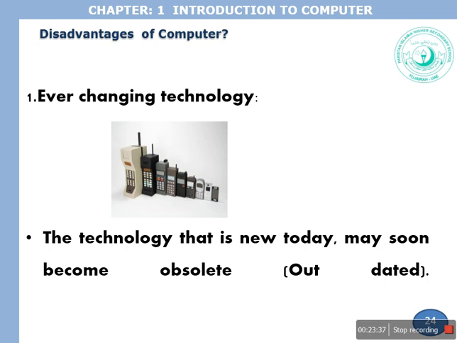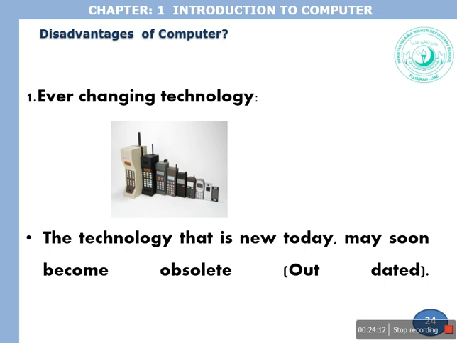Obsolete means outdated. So we need to regularly upgrade our knowledge in the technology. We have to regularly upgrade the hardware and software in a computerized environment, which definitely involves cost and time. So ever-changing technology is one of the disadvantages of the computer.